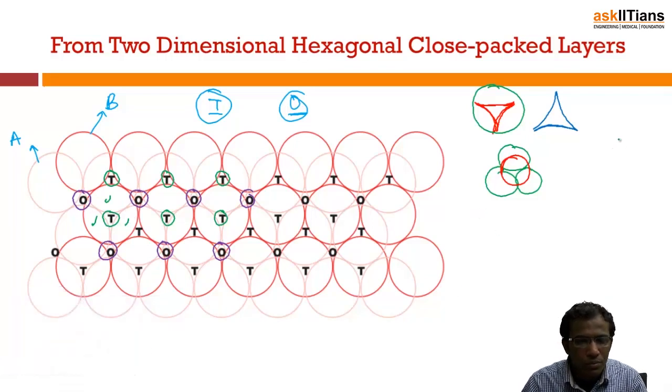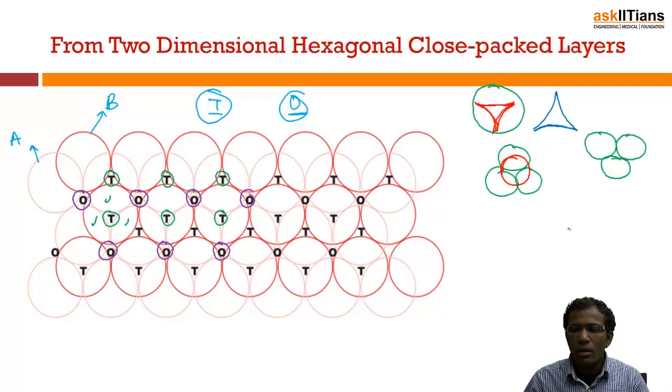These three belong to the first layer A. There is one triangular void like this. This is a triangular void, right?